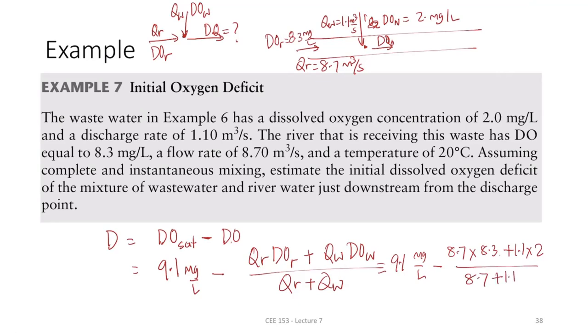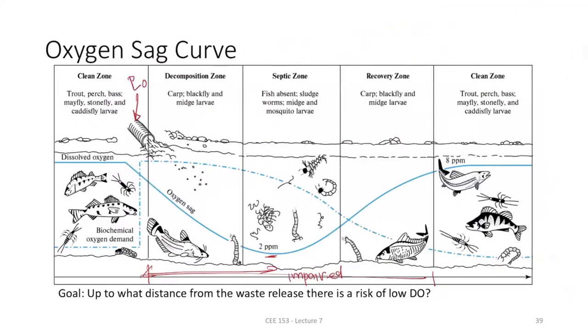The reason I didn't use the flow rate unit is that it cancels out on both top and bottom. The remaining unit is milligram per liter. So you just plug in the values and you should get that answer. Again, this is just a simple mass balance. You just apply the concept.